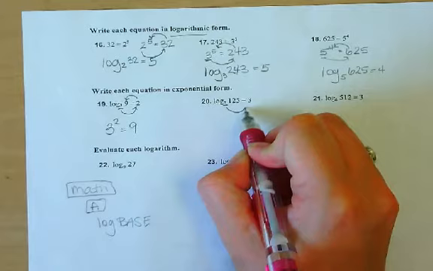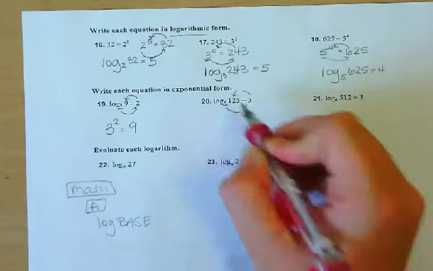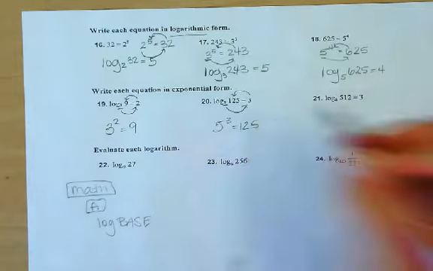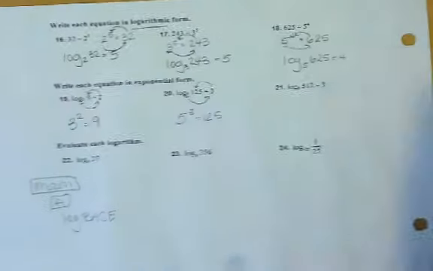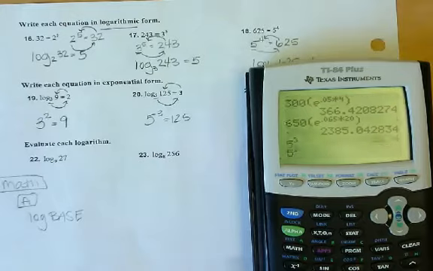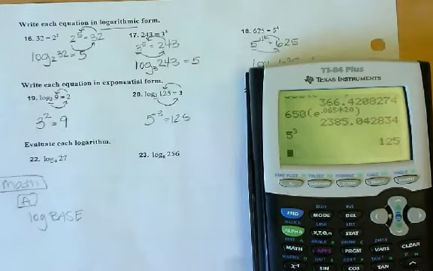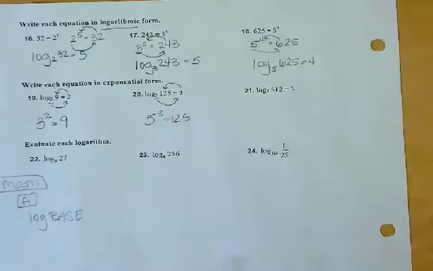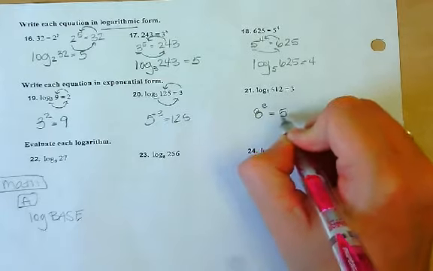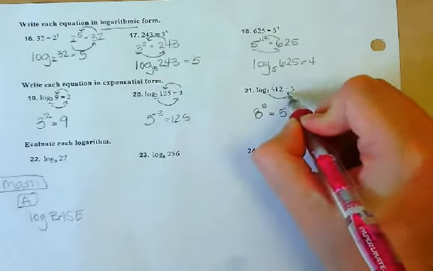For problem number 20, 5 cubed is equal to 125. If you think that maybe you have written this wrong, you can always check it. So 5 to the 3rd power does give me 125, so I have written that correctly. Then for the last one, 8 cubed is equal to 512.